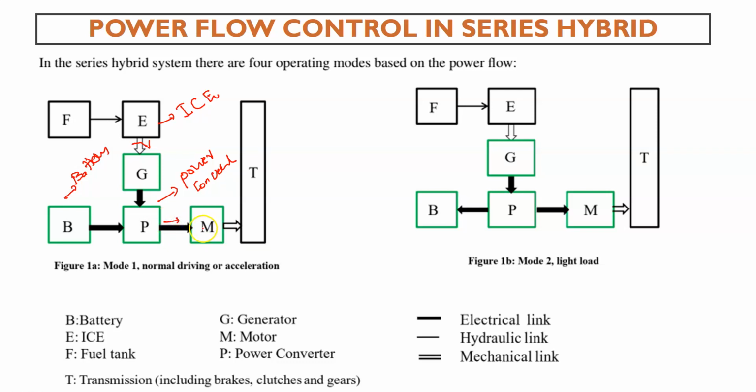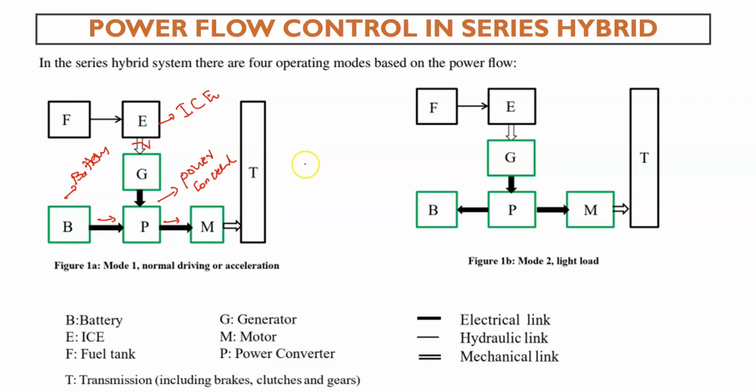So you can see here, in the first mode both engine and battery are powering, and the power is flowing from the battery as well. The power converter will supply electric energy to the motor, which will drive the vehicle. This is the first mode.